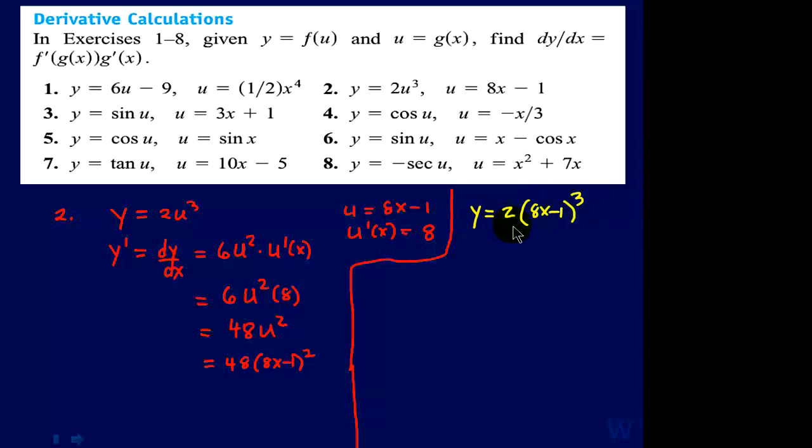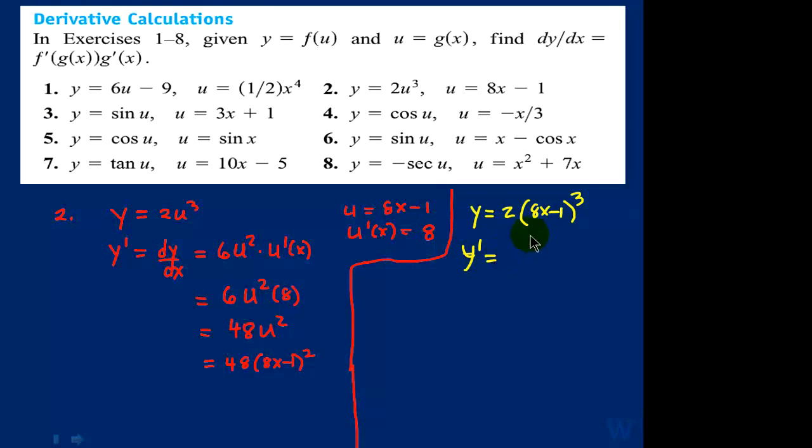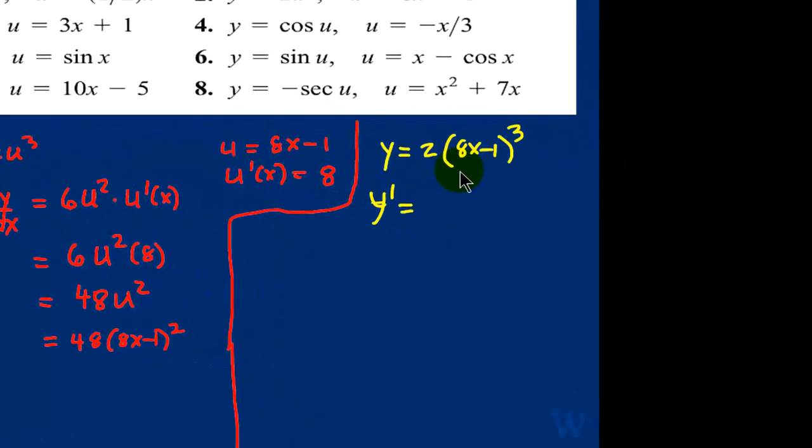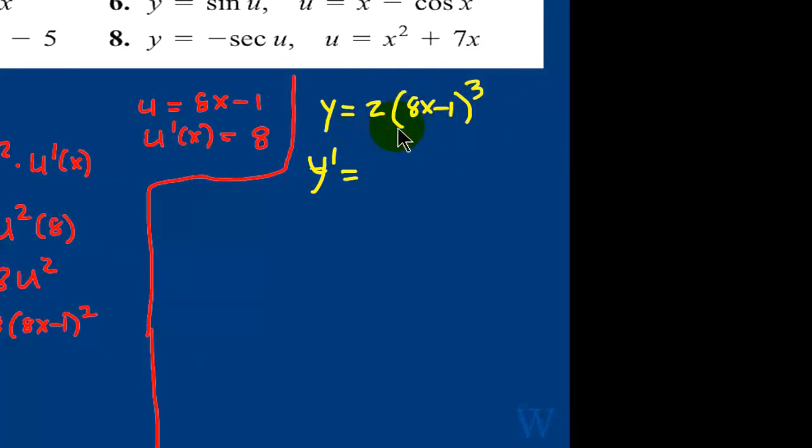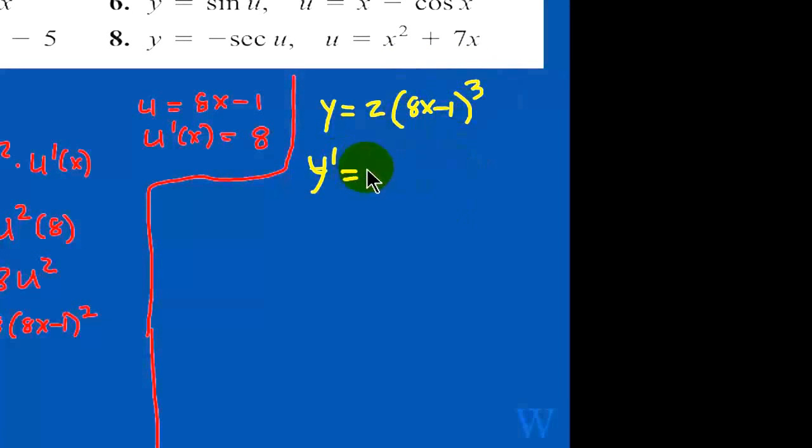Now that y is a function of x instead of u, I can go ahead and take the derivative directly and still apply the chain rule. So the whole picture is 2 times the power rule. So what we'll do now is 2 times 3, apply the power rule on the big picture, okay? So it's 3 raised to the second power now.